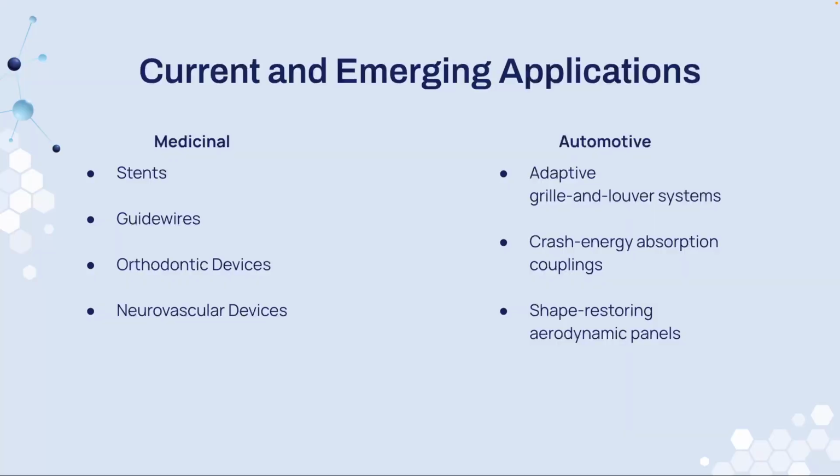Nitinol also has applications in neurovascular devices, automotive systems such as adaptive grow and lower systems, and even in crash energy absorption due to its superelasticity. In all of these, nitinol's ability to undergo reversible deformation makes it an invaluable material in aerospace, the automotive industry, the medical industry, and beyond.